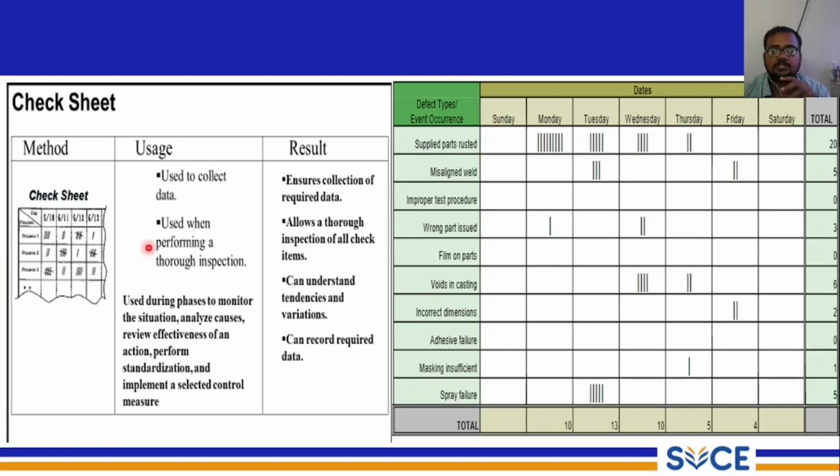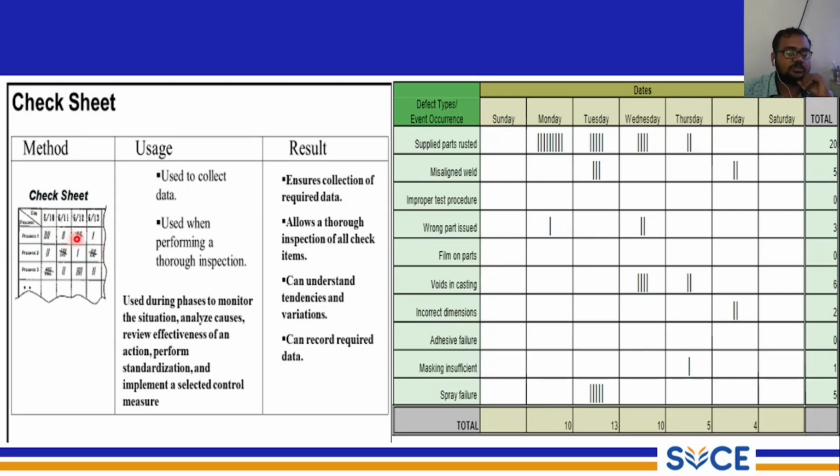A sample check sheet is shown on the right. This is an example of a small check sheet. You can relate to how people use these for counting. We put 1, 2, 3, 4 lines, which indicates a count of 4, and if it is cut by a cross line, then you count that as 5.